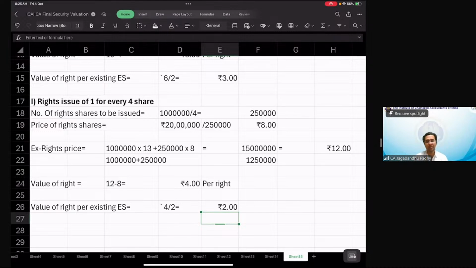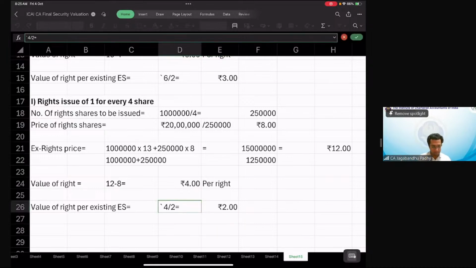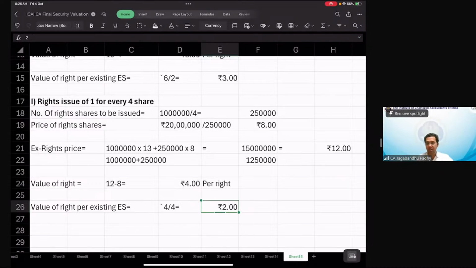Yes, are we getting this, everyone? Yeah, so there are 4 shares issued here, so there will be 1. So value of right per existing share is 1 rupee.